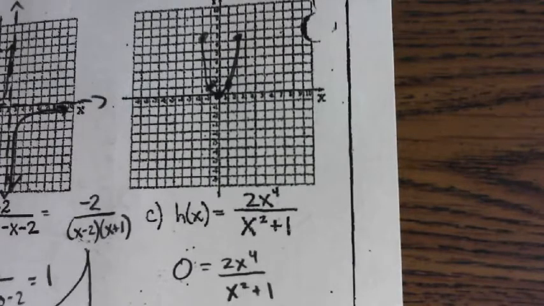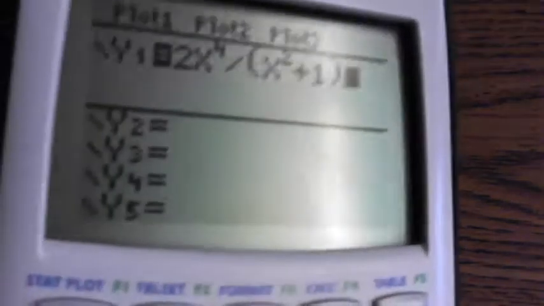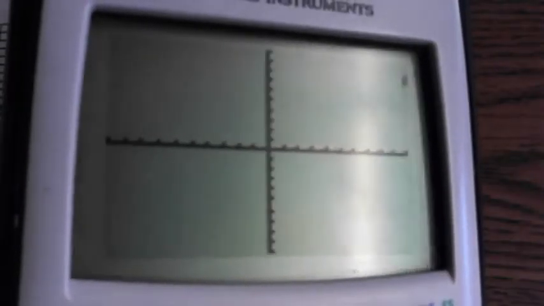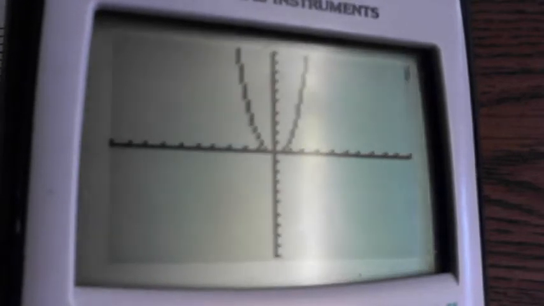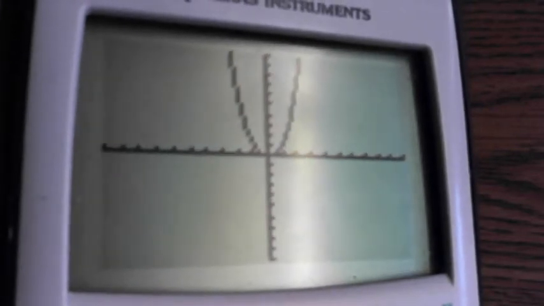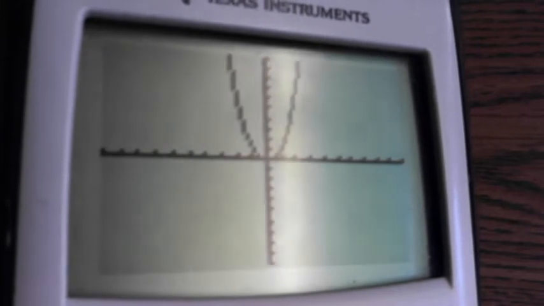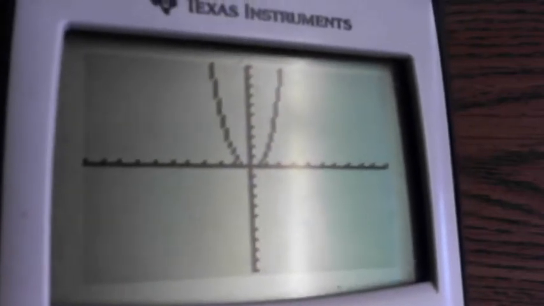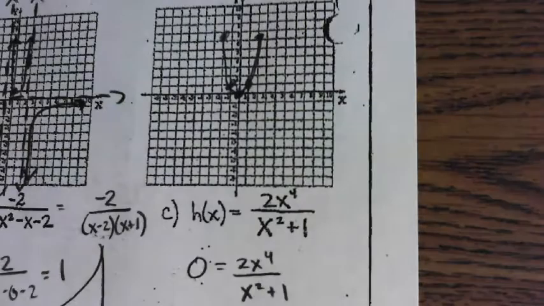Let's check it out. 2x to the 4th divided by x squared plus 1. Good. Is it a parabola verbatim? Maybe.